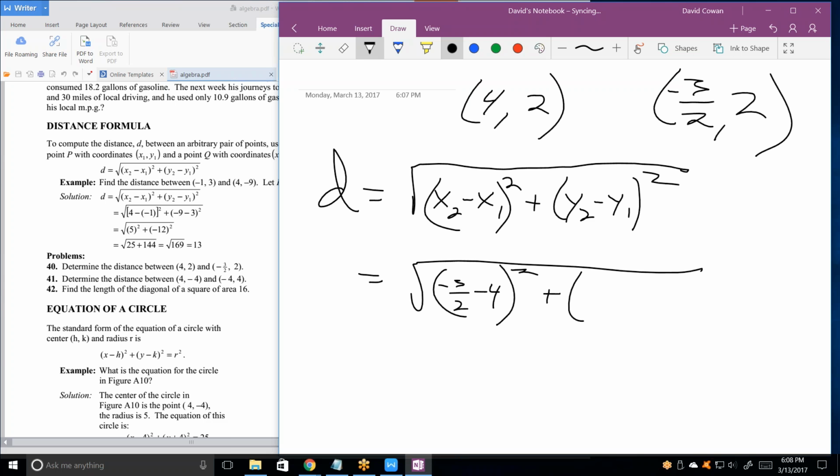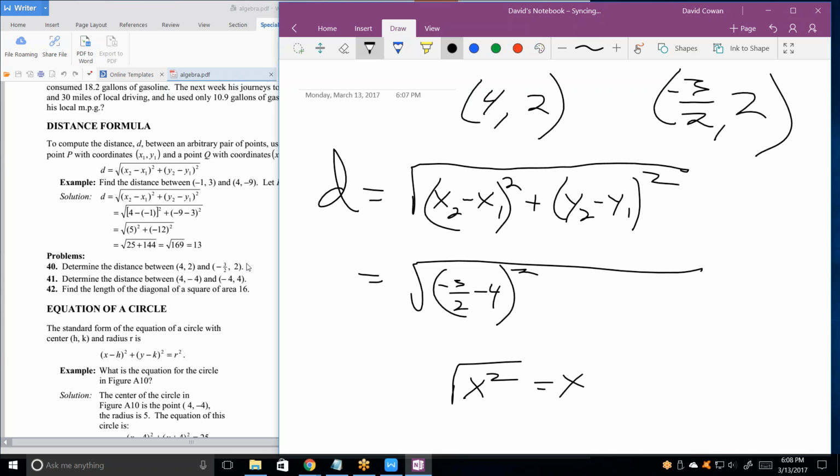Which is 0. So 0 squared is 0. Okay. So really what the distance between these 2 points is, if we happen to notice that the y-coordinate is the same, well, what's the square root of this squared? In other words, the square root of x squared is always x, right?